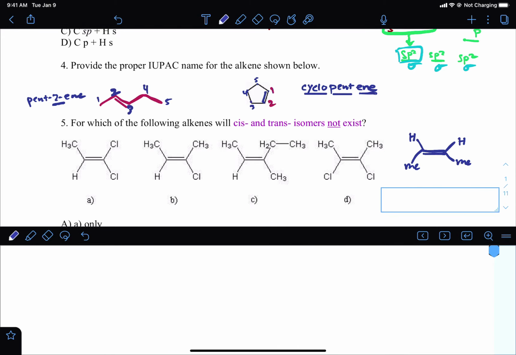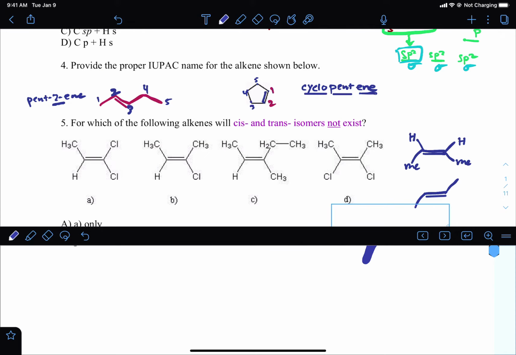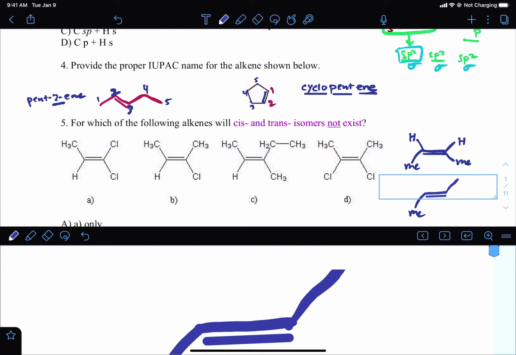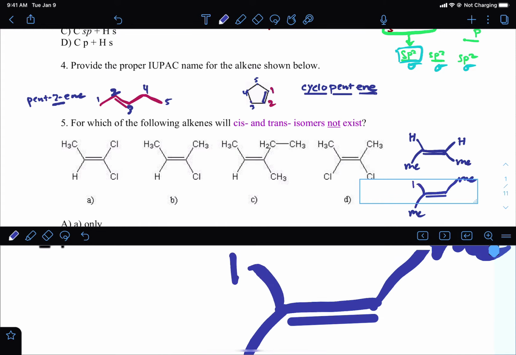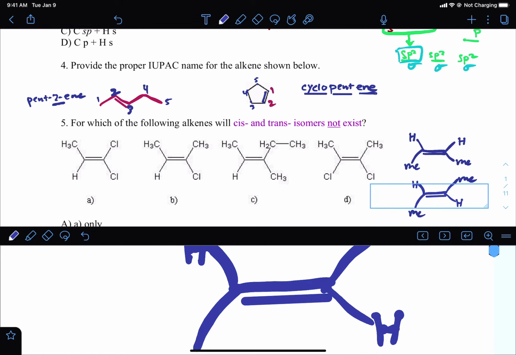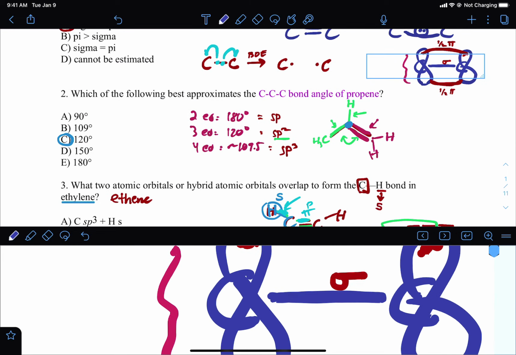That double bond could exist in two different geometries, where we have the methyl group like that, and then up here, like that. Because of the fact, let's go back to our picture of a pi bond, or our very rudimentary picture of a pi bond.